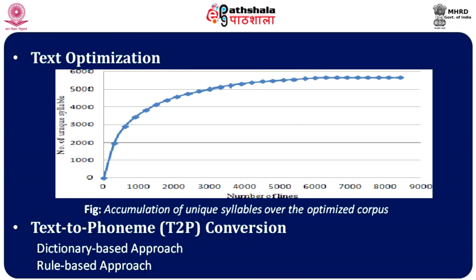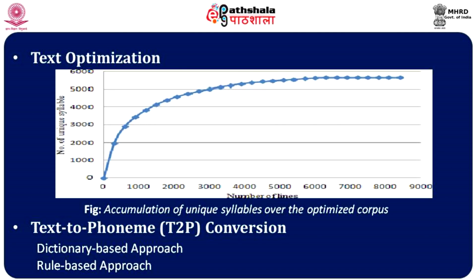This score would be based upon the number of new syllables, which are syllables that have not already been selected in the line, and the frequency of the syllables. After each iteration, the top 300 lines were appended to a file which would contain the optimized text. The speech data is then recorded such that at least 95% of the syllables are covered.